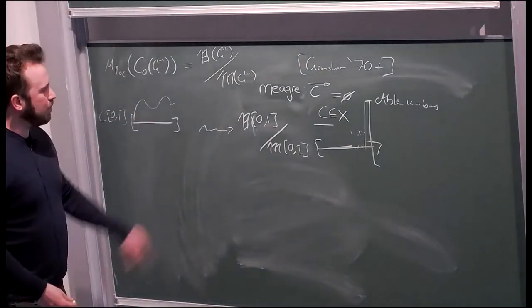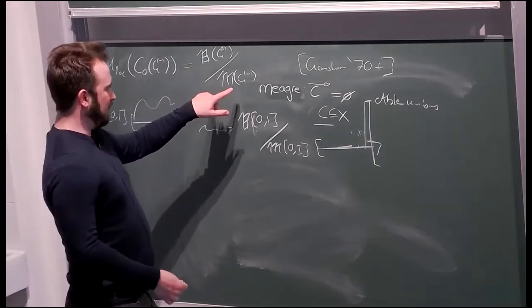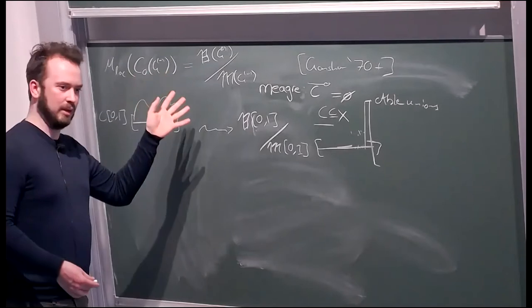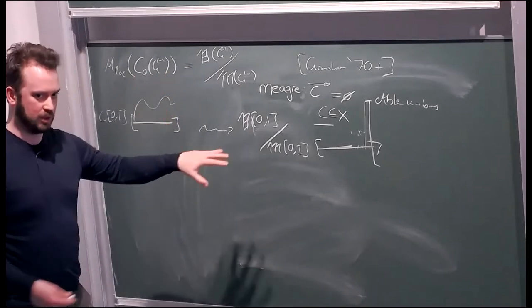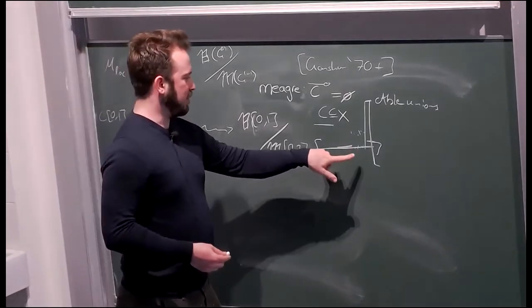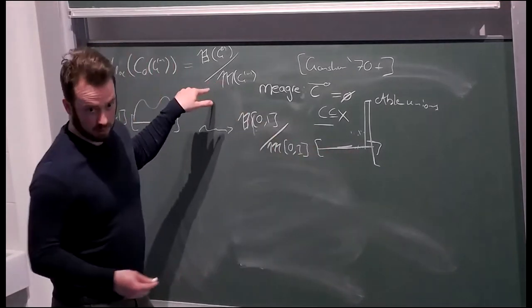But at least we know what it looks like. It's much easier to tackle this thing algebraically, in my opinion, than topologically. This is at least more tangible than trying to figure out what the characters on this thing look like.